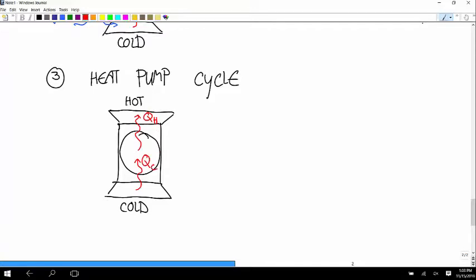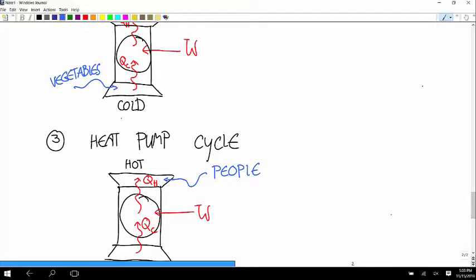And again, you can't do this by itself, and so you need to do work to get that done. And so here, the idea is the people who are trying to stay warm are in that hot reservoir, and you want to warm that up.